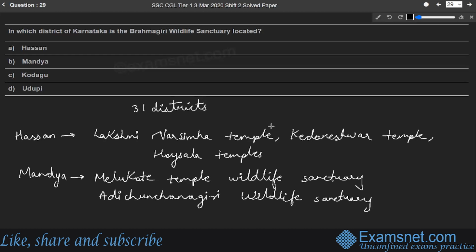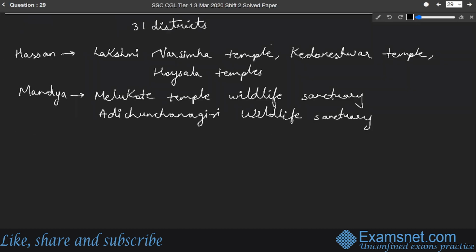Next district is Kodagu. In Kodagu, there are many wildlife sanctuaries located, from which the famous one is Brahmagiri Wildlife Sanctuary.